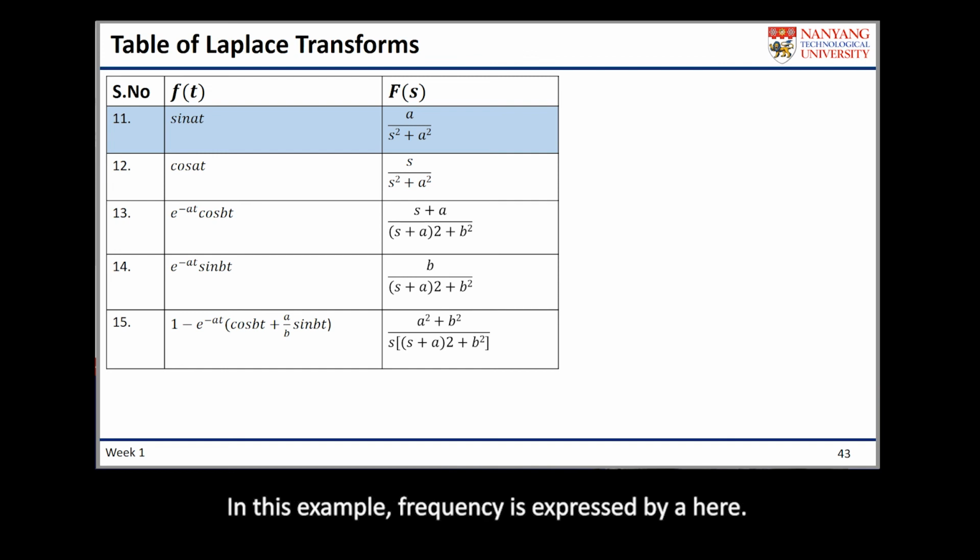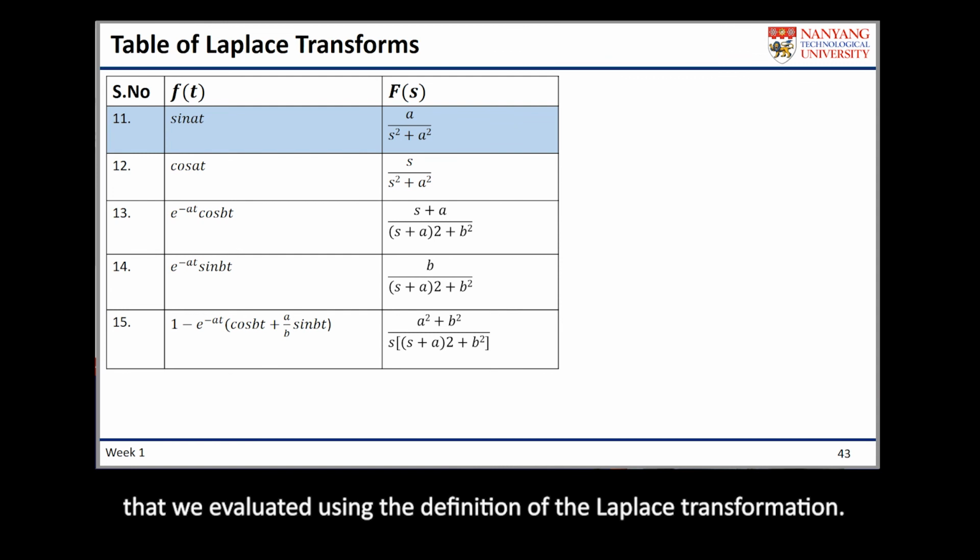In this example, frequency is expressed by a here. So from this table, you can see that the Laplace counterpart of sine at is equal to a divided by s squared plus a squared. It also agrees with the Laplace counterpart that we evaluated using the definition of the Laplace transformation.